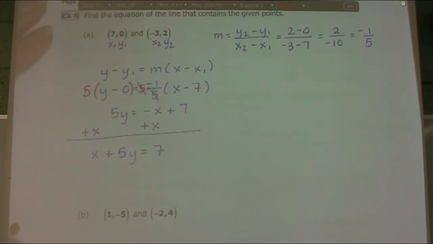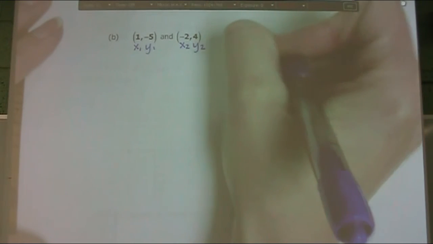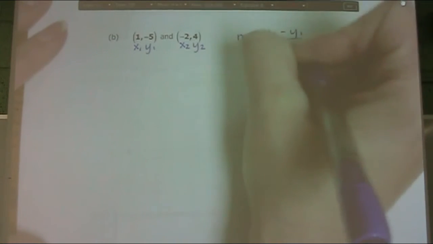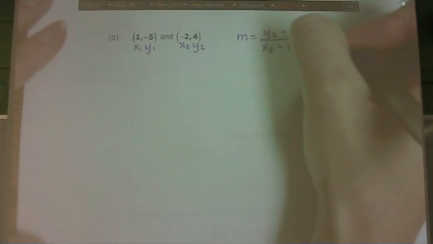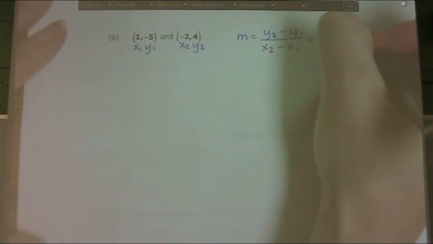All right, let's do one more. So looking at example B, I've got 1, negative 5, and negative 2, 4. My first step, label the first point x1, y1, and then we have x2, y2. I want to calculate my slope, which is m, as y2 minus y1 over x2 minus x1. y2 minus y1 is 4 minus negative 5.